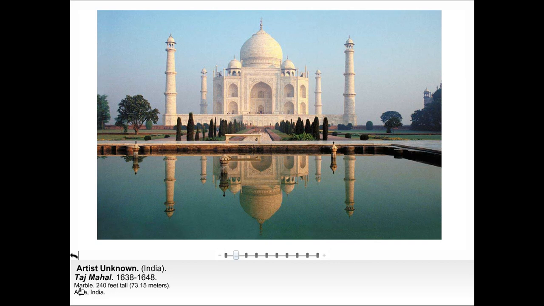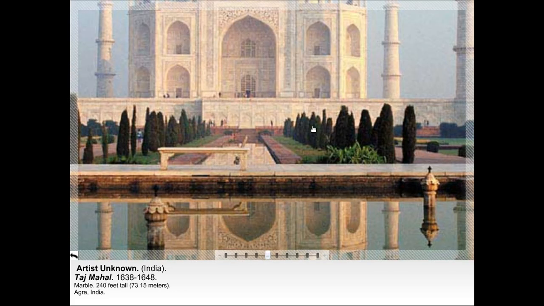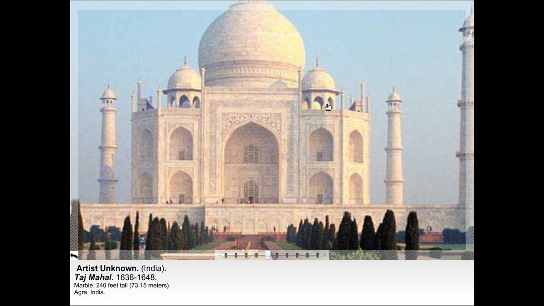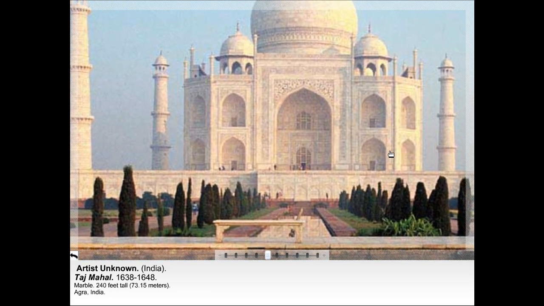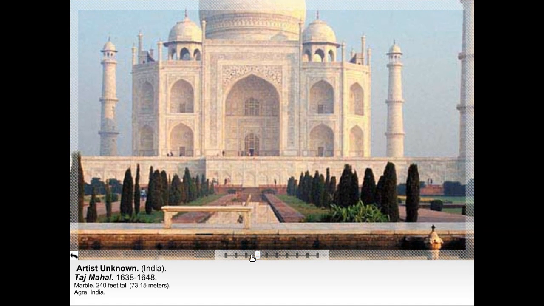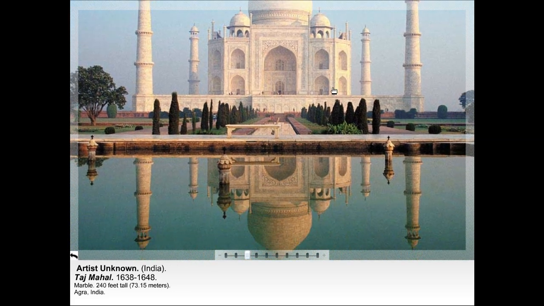It is made out of a type of stone called marble, and it was made in 1634 to 1648, 240 feet tall, in Agra, India. You can go and visit this place. People go to visit it all the time. It's a very, very famous landmark in India, and people like to go and visit.